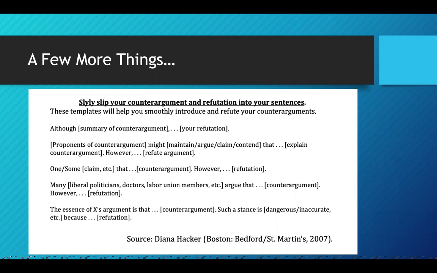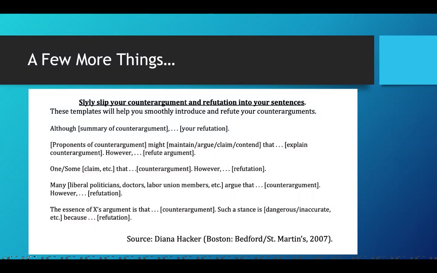These templates will help you smoothly introduce and refute your counter arguments. So we have: Although, summary of counter argument, comma, and then your refutation. So that's similar to the one we just saw, right? Although the nuclear family, blah, blah, blah, comma, now we have our refutation. It is actually formed along lines of race, class, socioeconomic status.